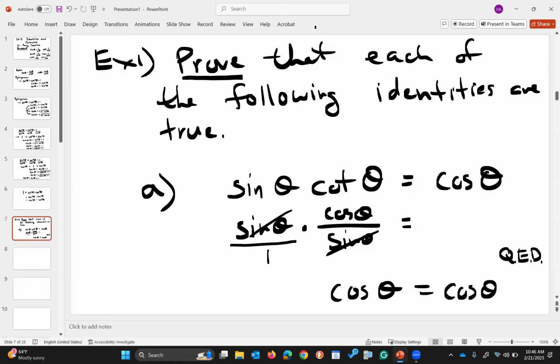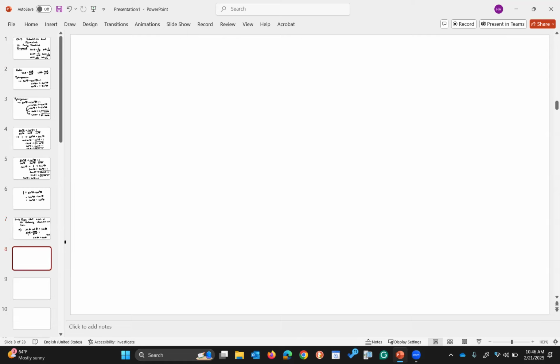Right. Okay. Is it going to get more difficult? Of course it's going to get more difficult. And B. Just a little bit more difficult here. Tangent. I'm going to use X. I can use theta. It doesn't matter. Either one's fine. Oh, you know what?